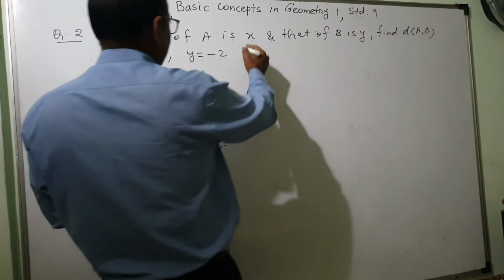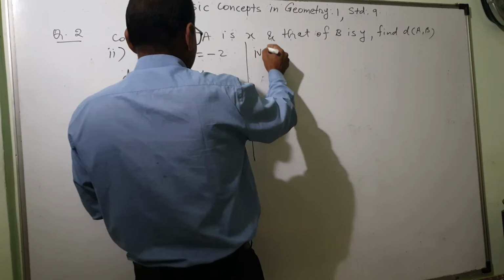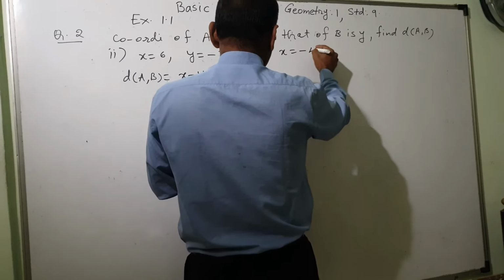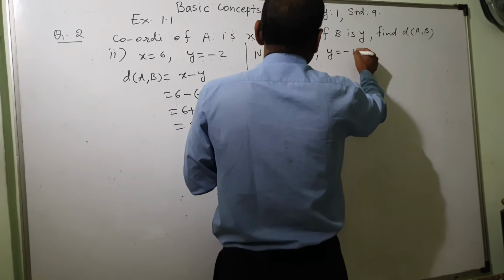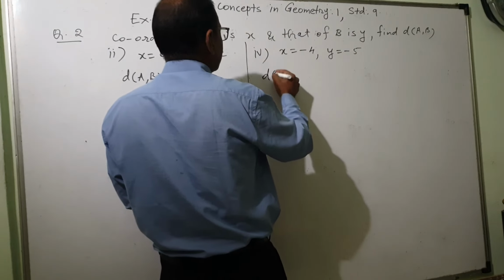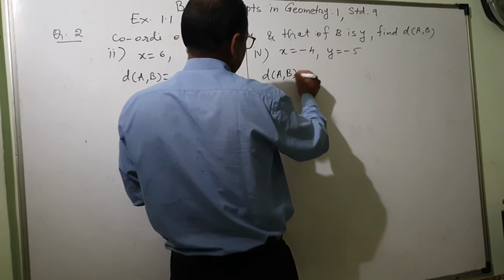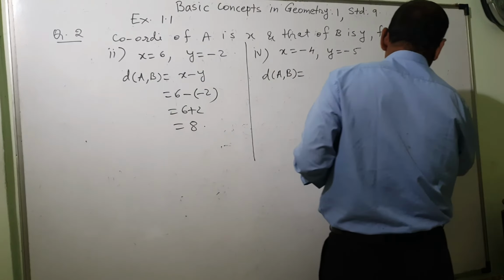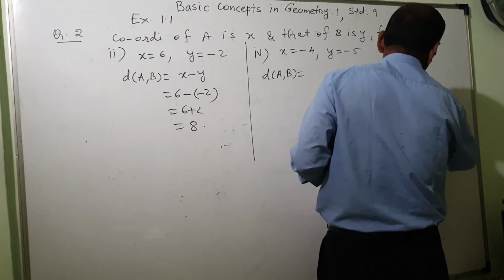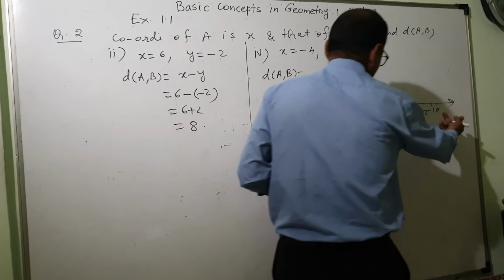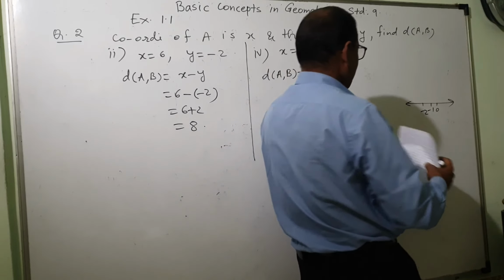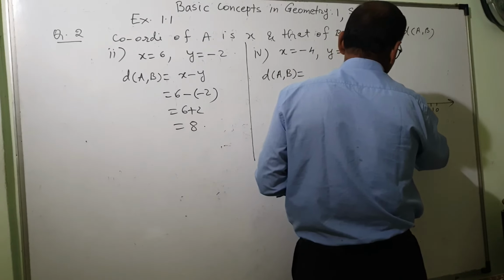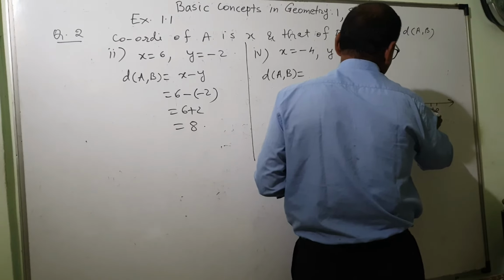So the fourth one also I have taken, that we will find, x equal to minus 4 and y is equal to minus 5. So distance AB is equal to, which is bigger in this? See, the number line is like this. Here it is 0, here it is minus 1, here it is minus 2. Here it is minus 5, here it will be minus 4, here it will be minus 3.